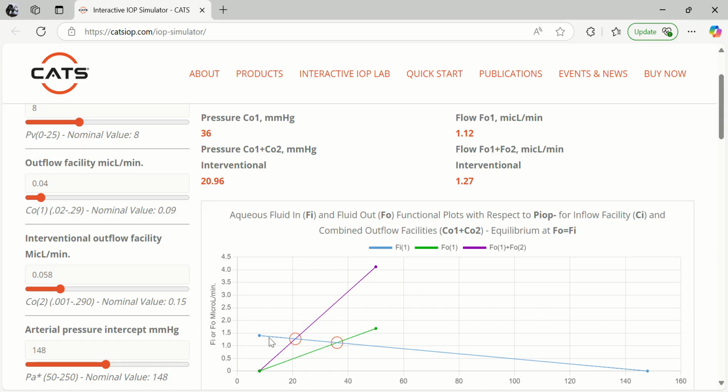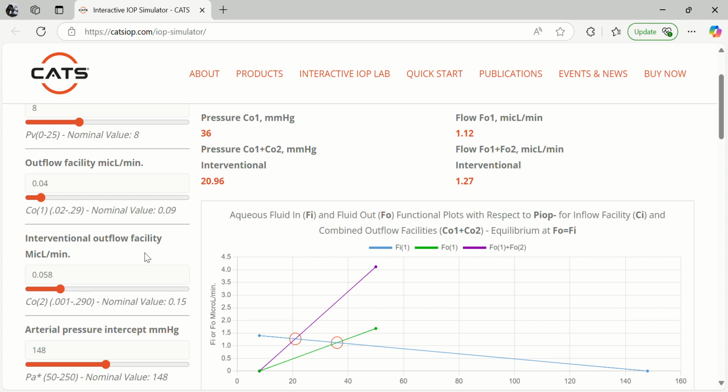And so now we see a split on where these occur. So the initial pressure without the added outflow facility was 36, where the equilibrium is occurring right here, and then we reduce that with the interventional outflow facility down to about 21 millimeters of mercury by increasing that outflow facility, and there's various drugs and devices which can do that.